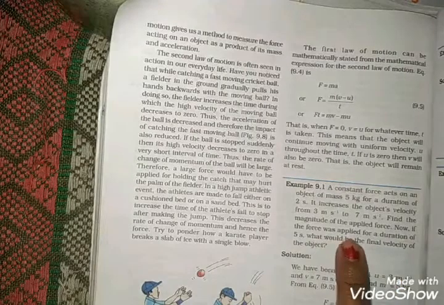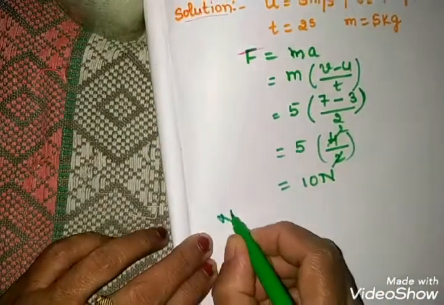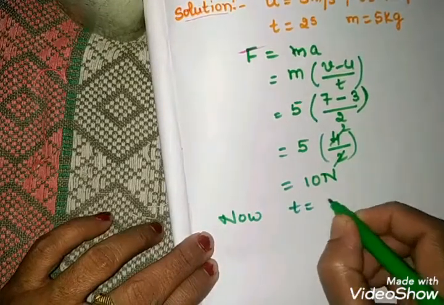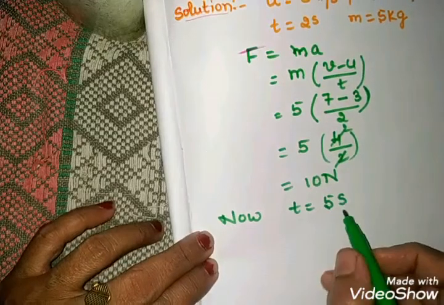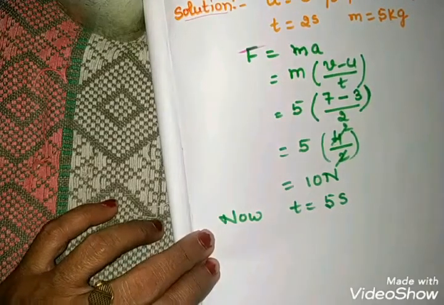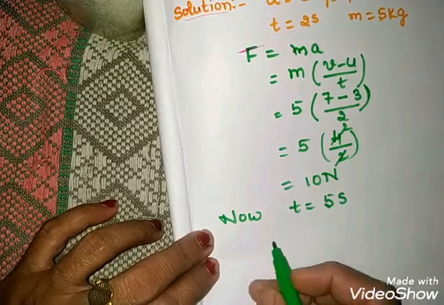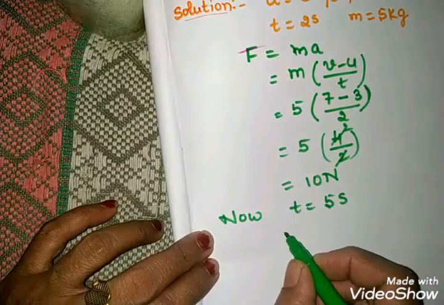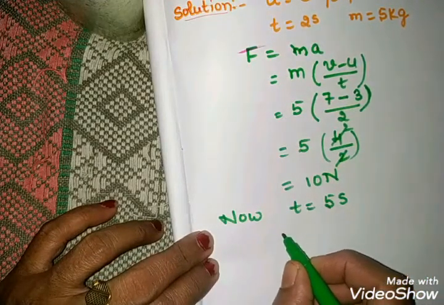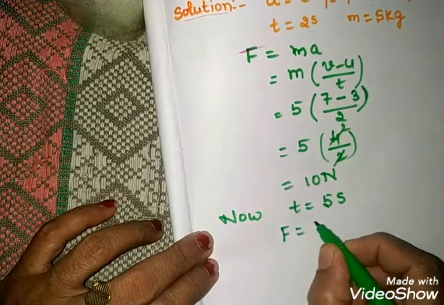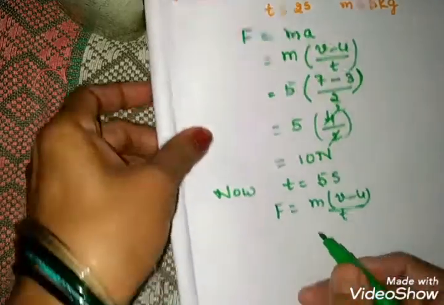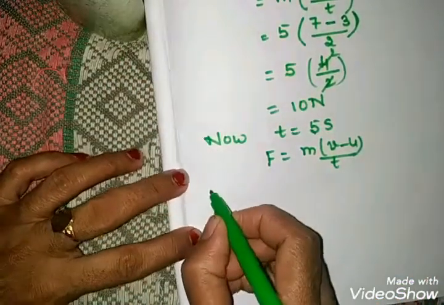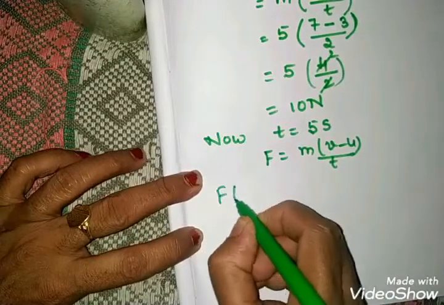Now, if the force was applied for a duration of 5 seconds, so now t is equal to 5 seconds, we have to find out the final velocity. So, what do we have to do? We have to consider the same formula. F is equal to m(v minus u) divided by t. Now cross multiply this.